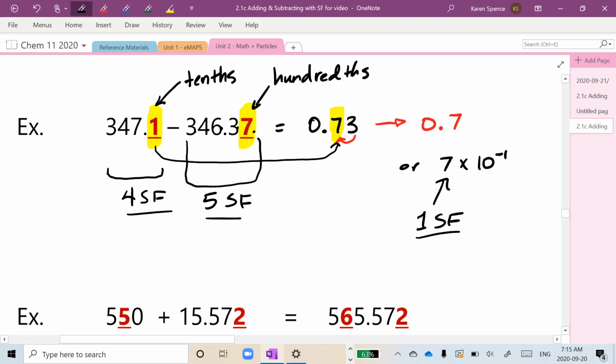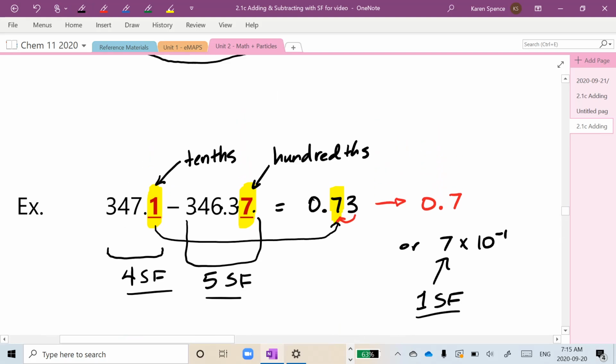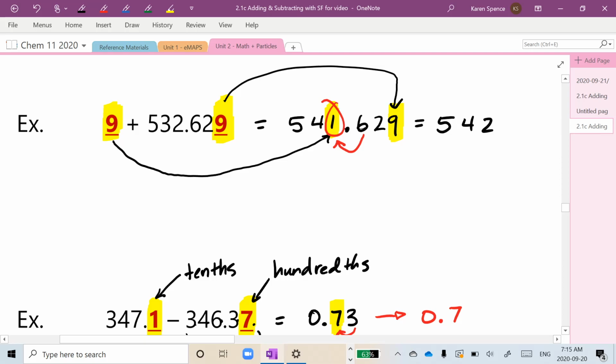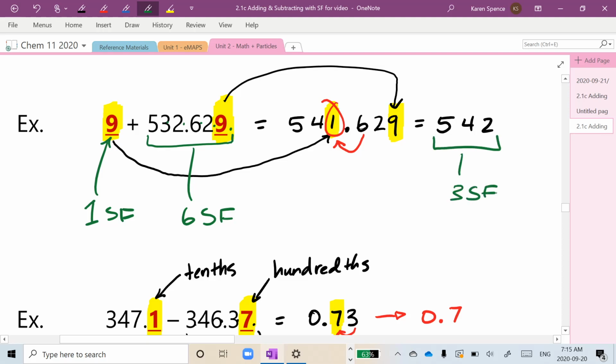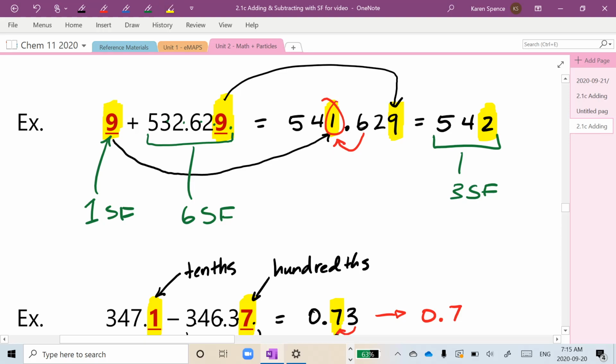It is the uncertain digit that determines how many sig figs are in your final answer. Let's just go back and look at the last one. We had 1 sig fig in the 9. We had, oh my gosh, 1, 2, 3, 4, 5, 6 sig figs there, and our answer ended up having only 3 sig figs. Okay, and it just all depends on where your largest uncertain digit is.